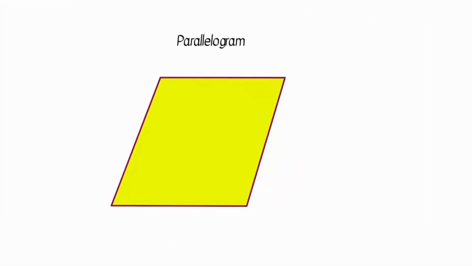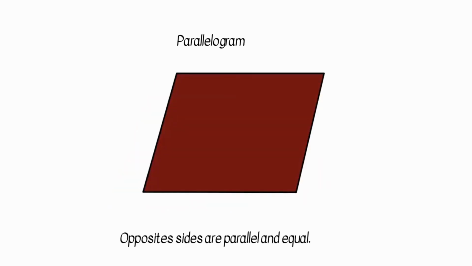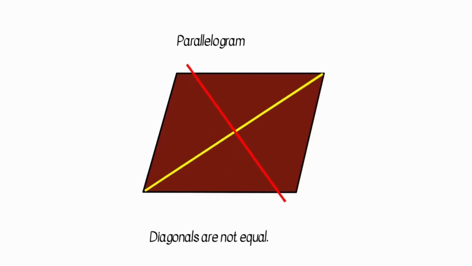If opposite sides of a trapezium become equal and parallel, we get a parallelogram. Hence in a parallelogram, opposite sides are parallel and equal. Diagonals are not equal.